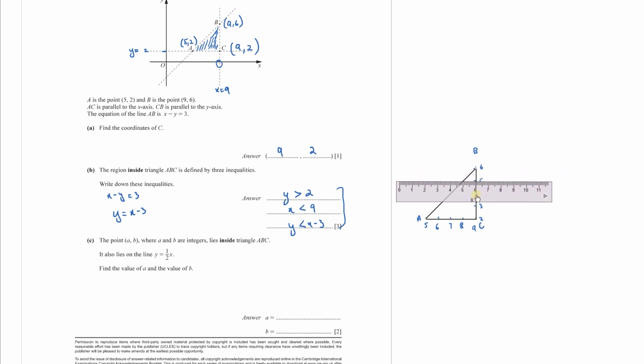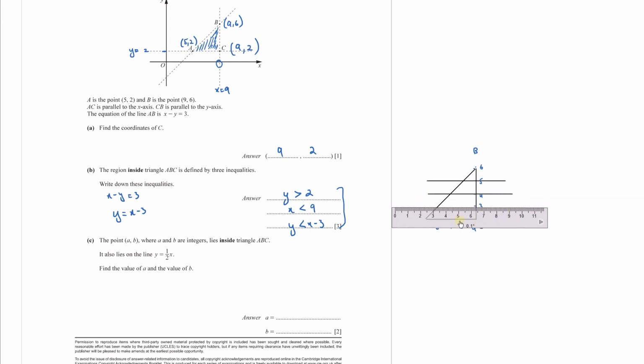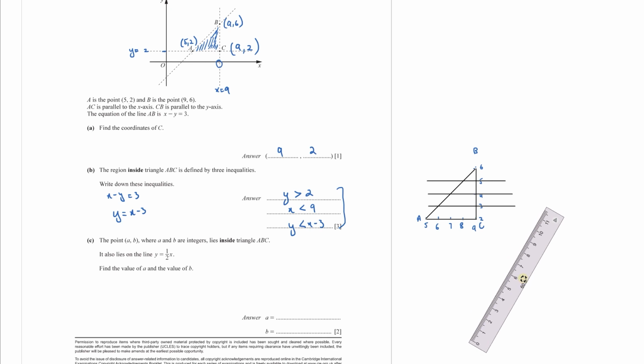So if I draw the lines here which represent this grid, and then on the x-axis as well, the vertical lines of the grid.